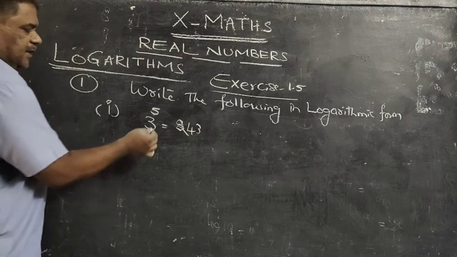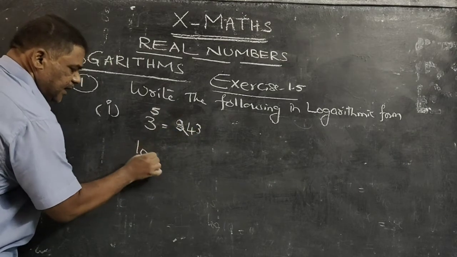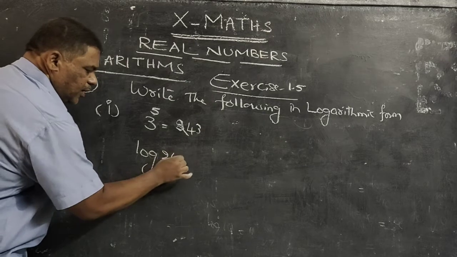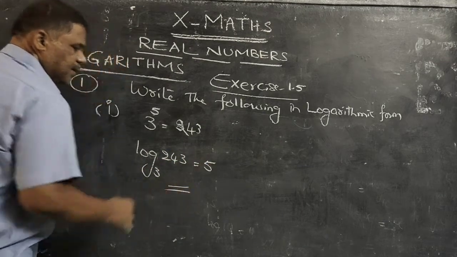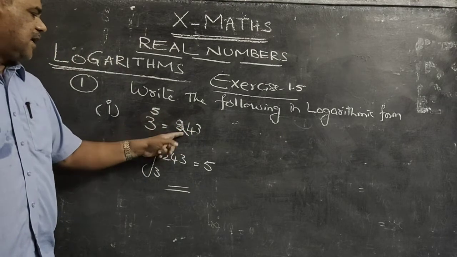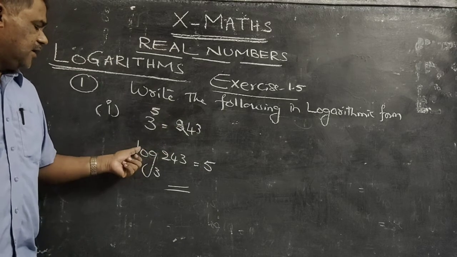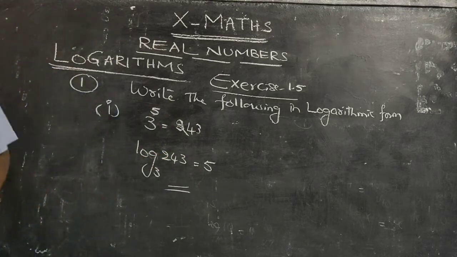If you apply logarithm, 5 comes here, 243 goes there. So you can write it like this: log 243 to the base 3 is equal to 5.